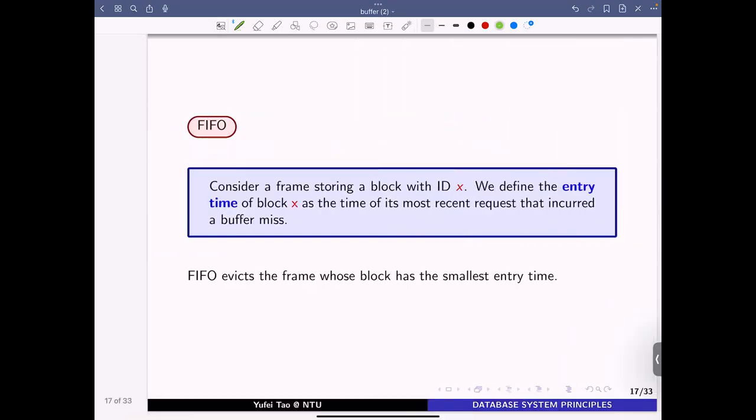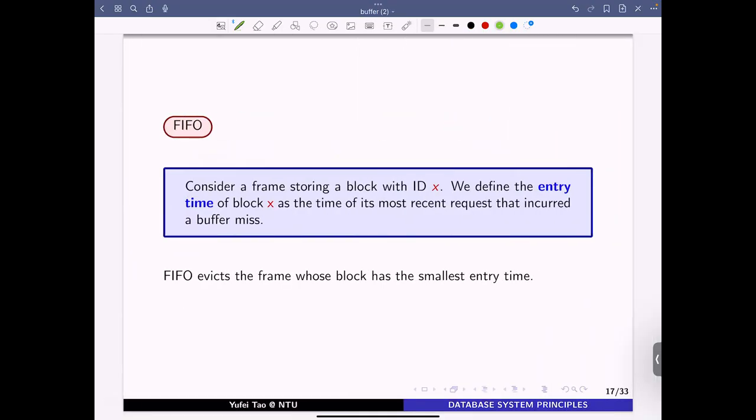Now let's talk about this strategy more formally. Remember, we've got a lot of frames in the pool. For every frame, let's define an entry time.